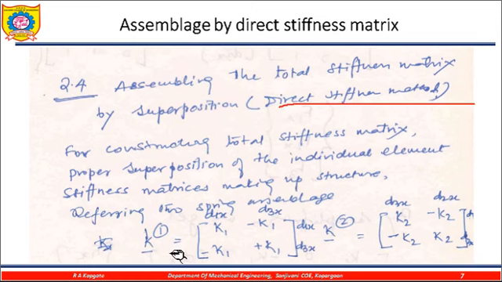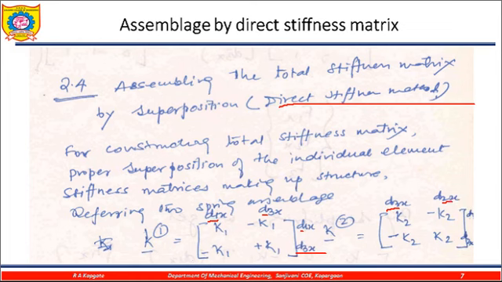Into this, for k1 I am writing here d1x and d3x, while for element 2, that is d3x and d2x. These elements I have already defined.